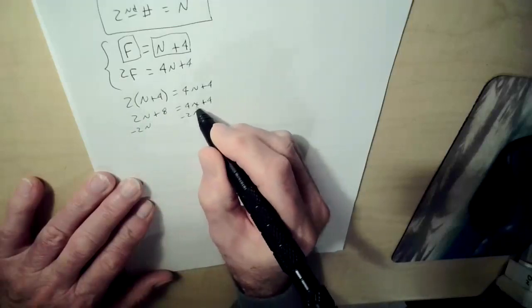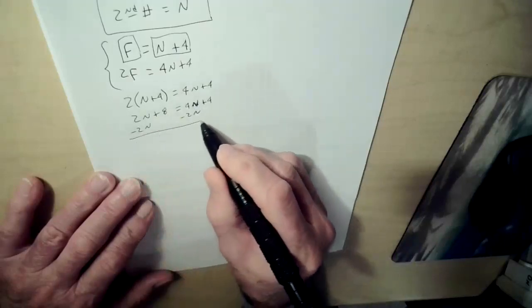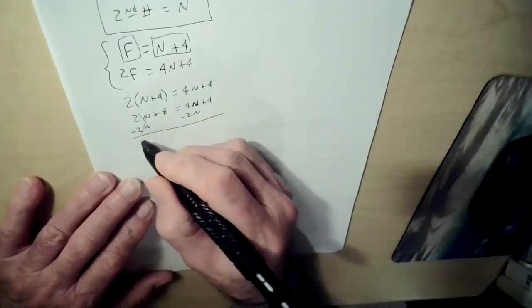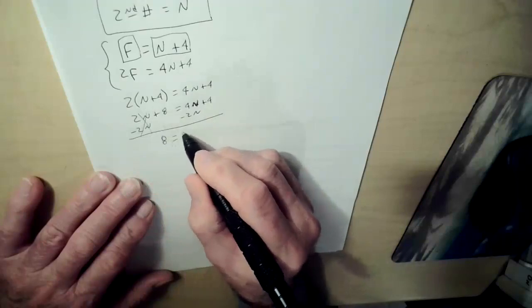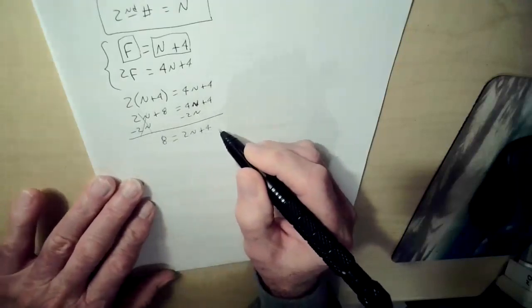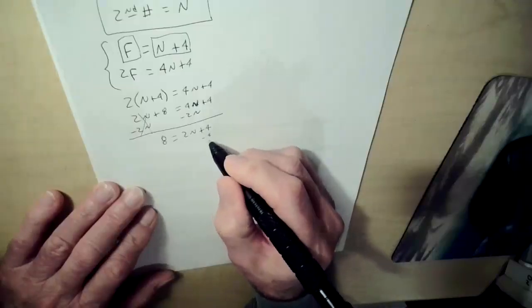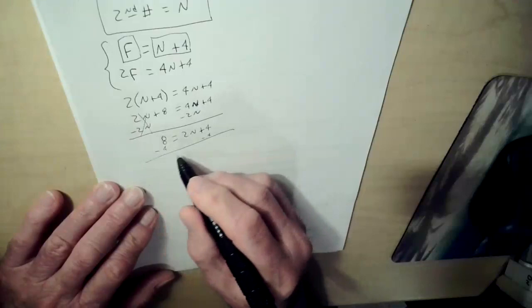Okay, remember, move the variables first. It doesn't really make any difference, but it'll make it easier. And move the smallest number to the biggest number. So let's subtract 2n from each side. Not x, you bonehead, it's n. So this is gone.